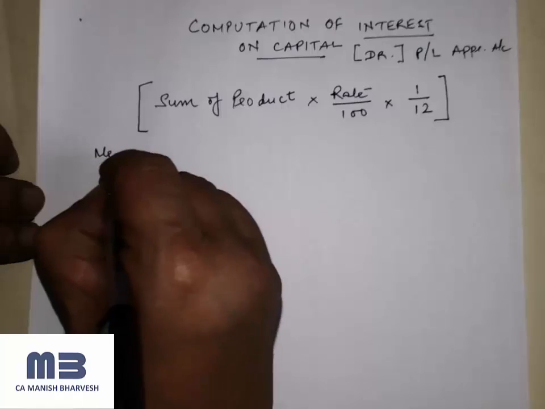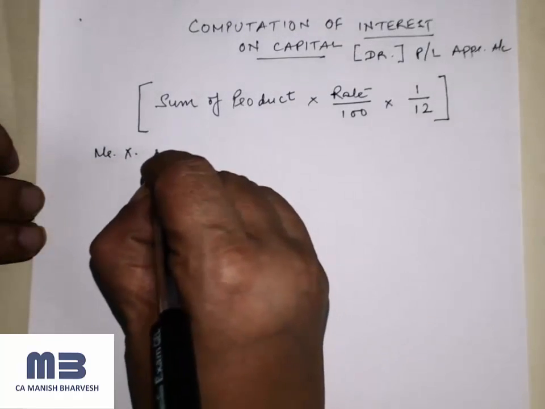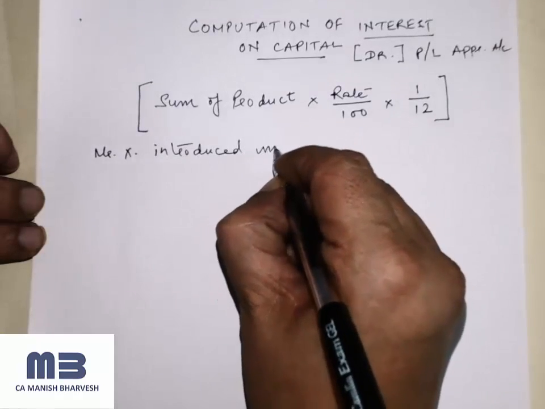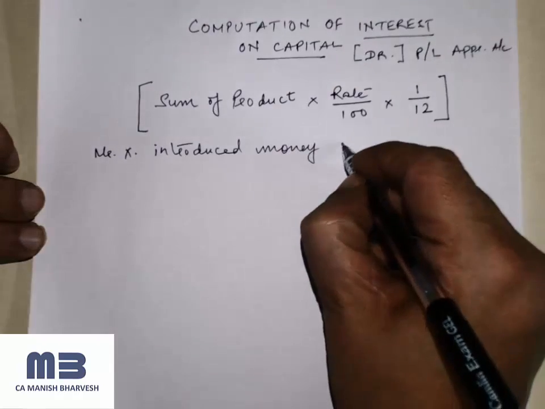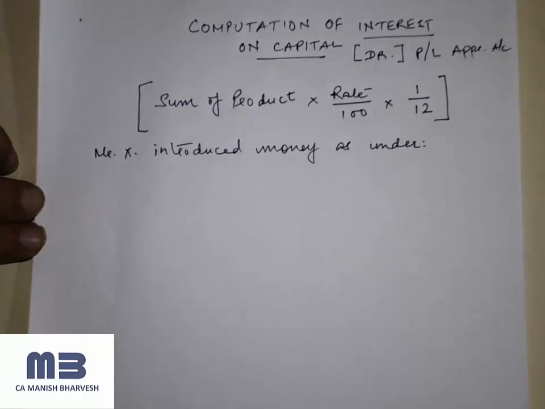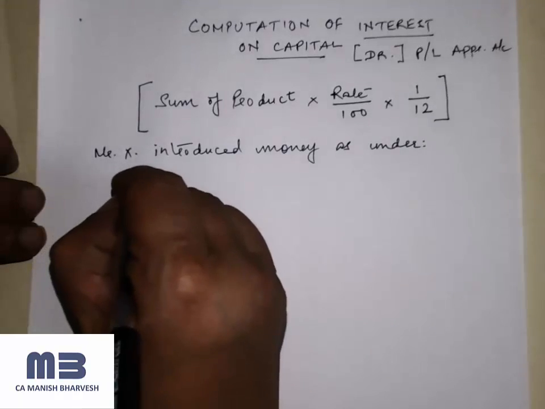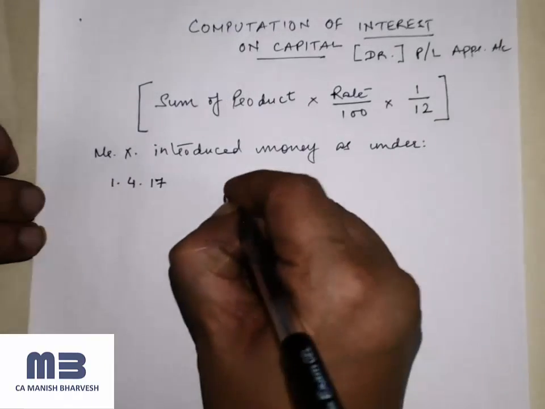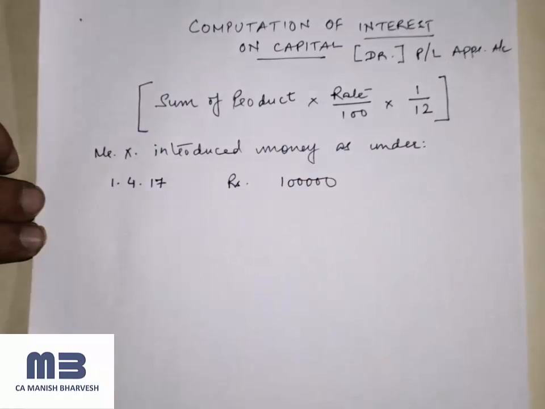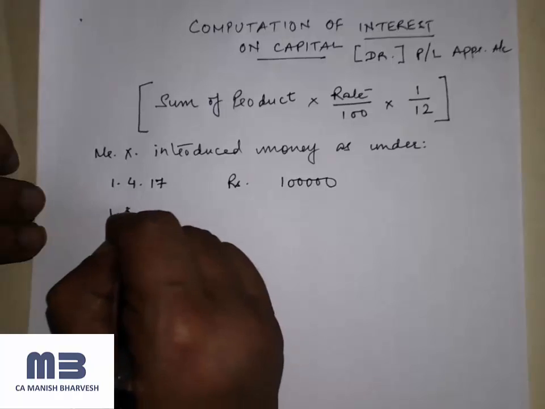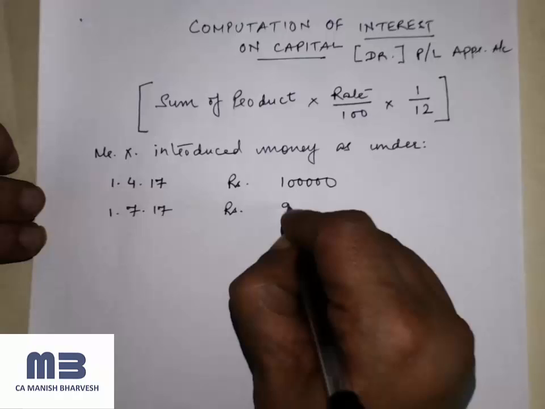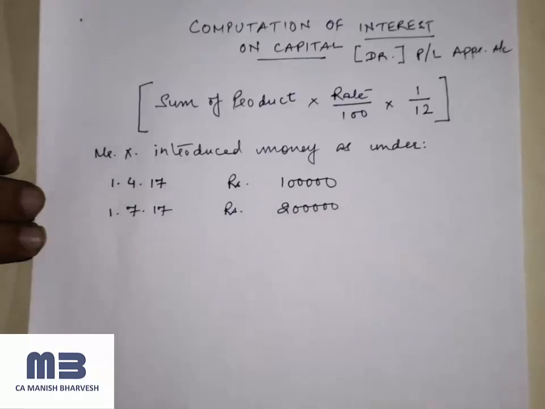Say Mr. X, one of the partners, introduced money as under on various dates. Say 1st April 17, rupees 1 lakh. 1st July 17, again he introduced rupees 2 lakh.